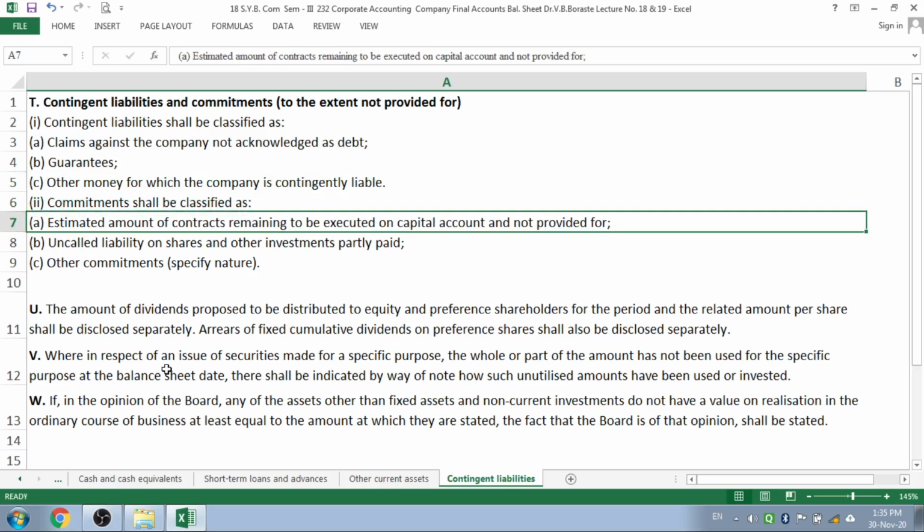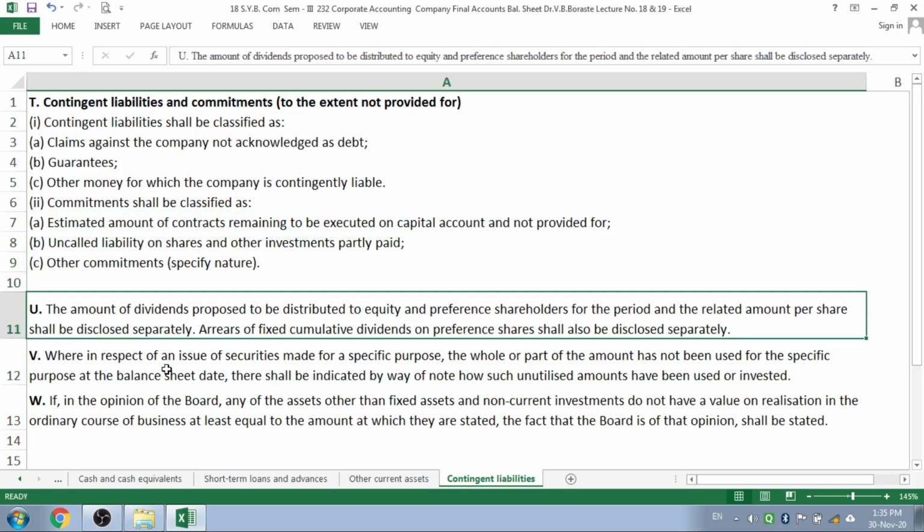Commitment shall be classified as estimated amount of contracts remaining to be executed on capital accounts and not provided for, uncalled liability on shares and other investments partly paid, and other commitments, if there are any, which have to be mentioned over here. The amount of dividend proposed to be distributed to the equity and preference shareholders for the period, and related items or amount per share, shall be disclosed separately.